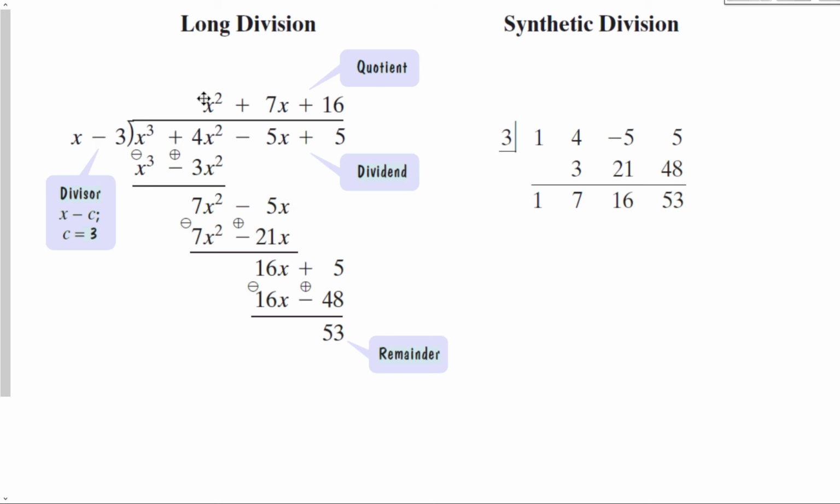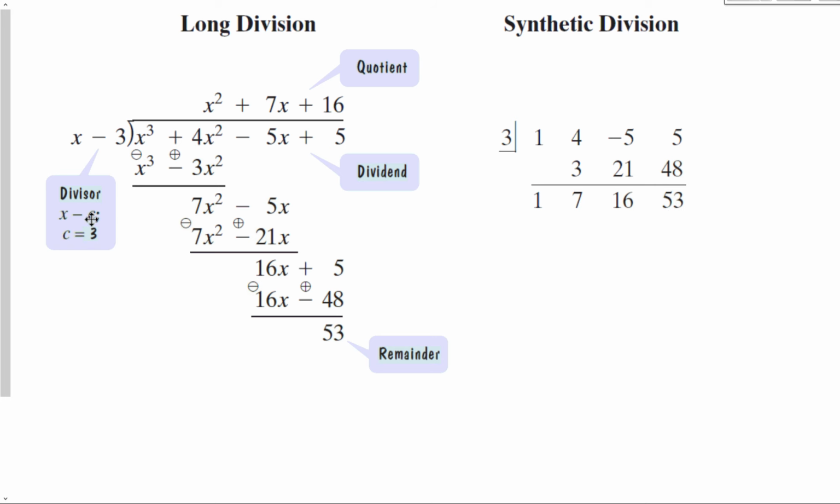Multiply, divide, multiply, subtract, bring down, divide, multiply, subtract, bring down, to get my remainder. Look how long this is. Okay, we can break this down with a nice smaller little thing called synthetic division.